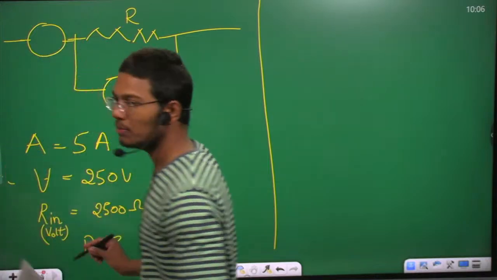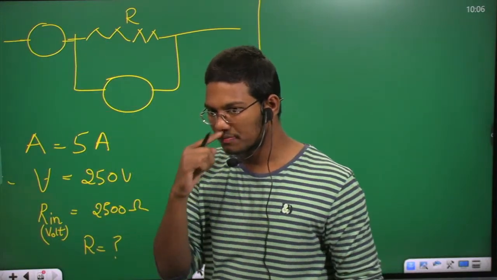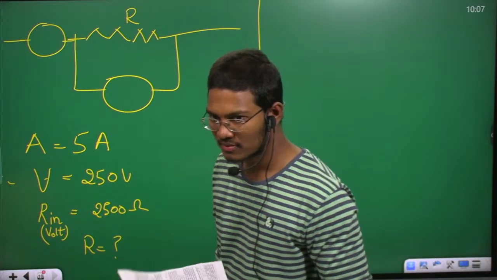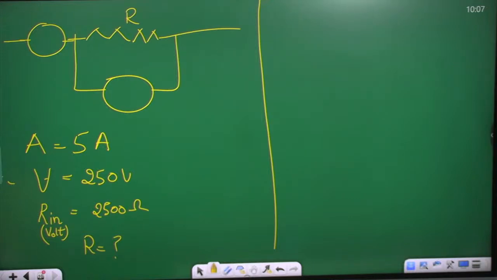See, where do we place voltmeter? Here or here? Is voltmeter connected in series or parallel? What do we use voltmeter for?